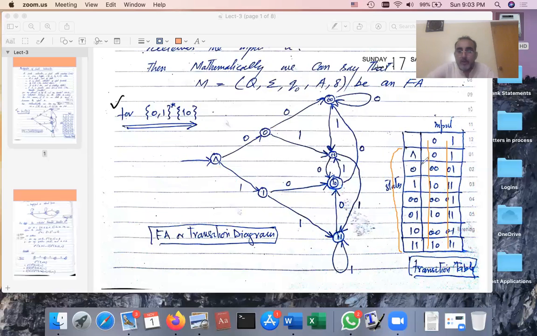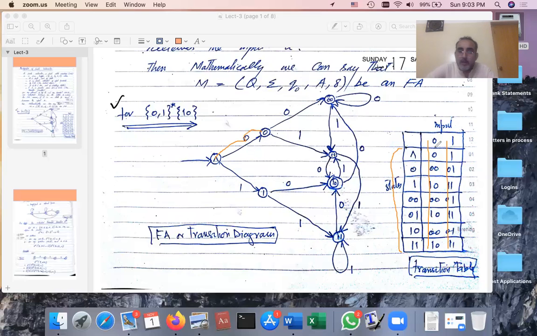So null is a state here. 0, 1, 00, 01, 10, 11. All these are the states here that you have to write first. And what are the input symbols? 0 and 1. Now at state null, when you take 0, where will you reach? You reach 0.